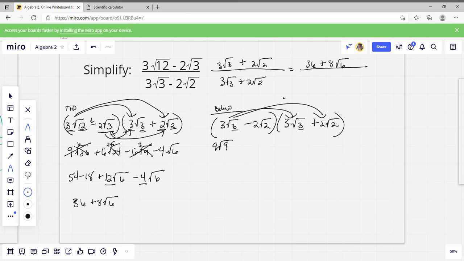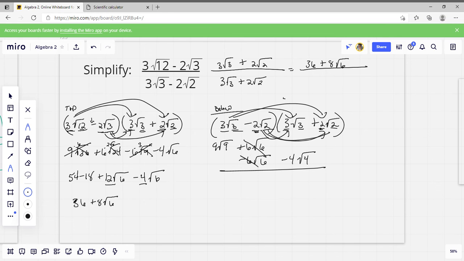We'll do this next one. 3 times 2 would be 6. And then 3 times 2 would be another 6. Then down here, 2 times 3 is 6, that would be negative 6. And then 2 times 3 is another 6. And then our last two, negative 2 times positive 2 would be negative 4. And then 2 times 2 inside would be 4.